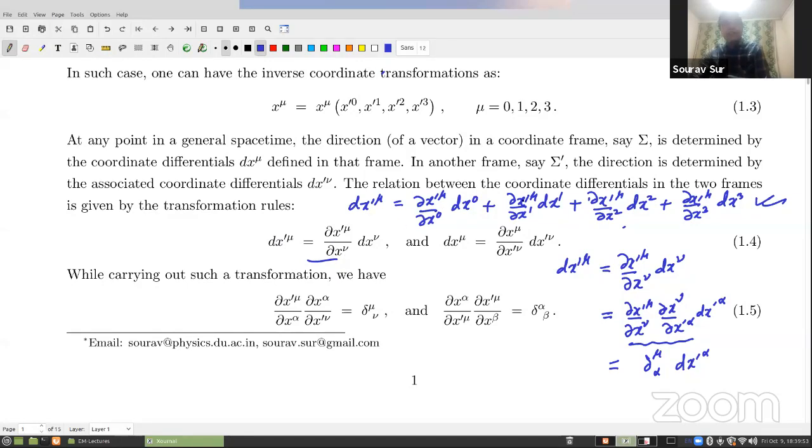All these coefficients will form a matrix. You have 4 equations of this sort, because mu takes 4 values, and you can write the 4 equations in matrix form. The matrix that would come out is del x prime mu by del x nu.